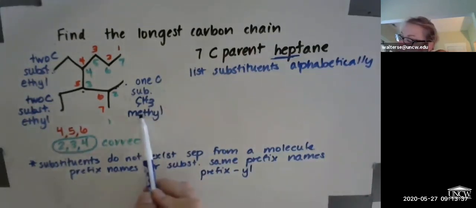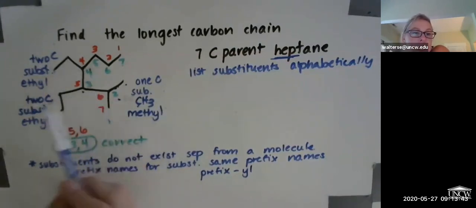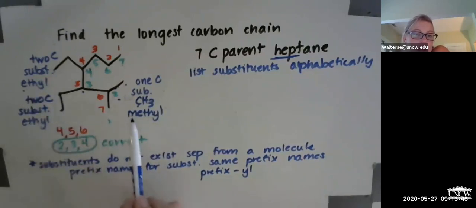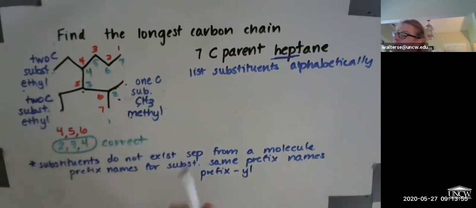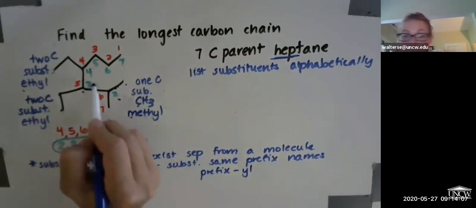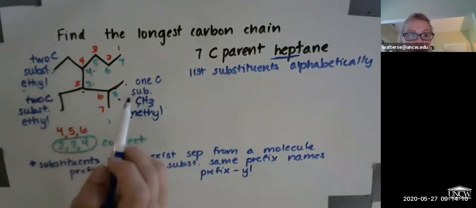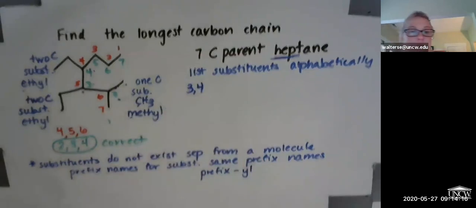So even though methyl is on carbon 2 and you have ethyls on 3 and 4, since E is earlier in the alphabet than M, the ethyl groups get named first. But I can't just say I have 2 ethyls. I have to give the number where they are. So I have an ethyl group, we're using the green numbers, on carbon 3 and on carbon 4. So I write 3,4, because I have 1 of them on 3, 1 of them on 4.